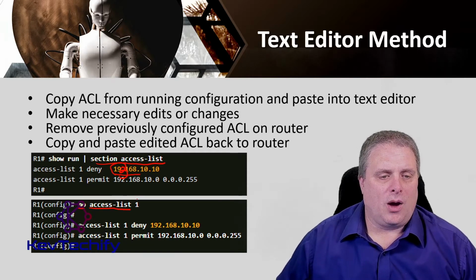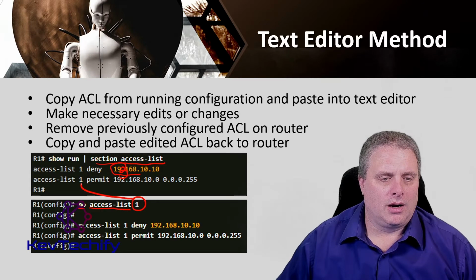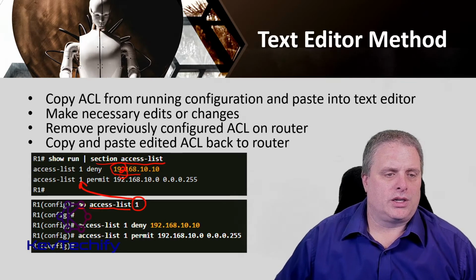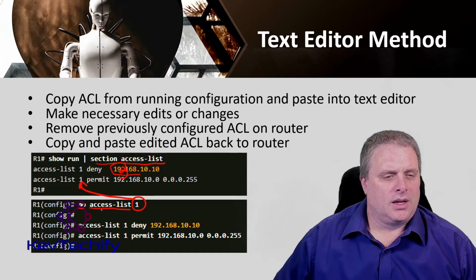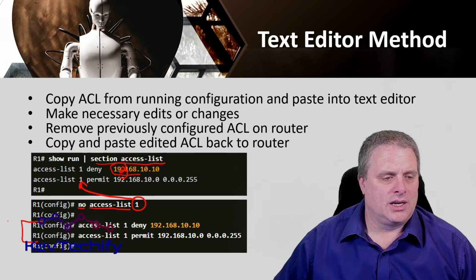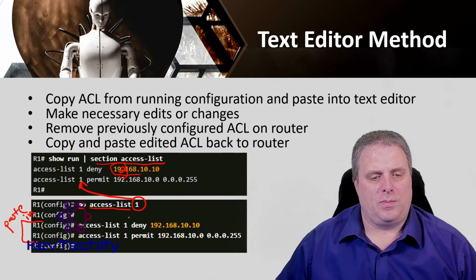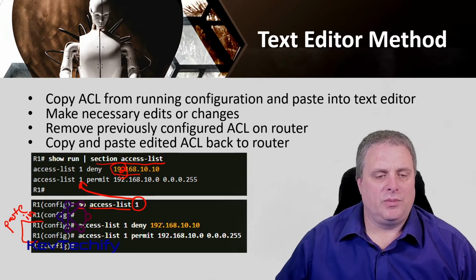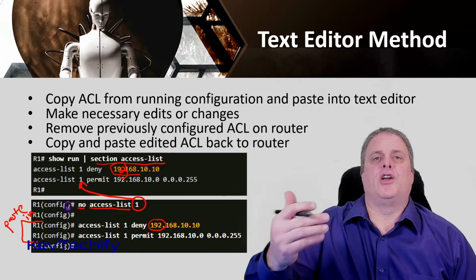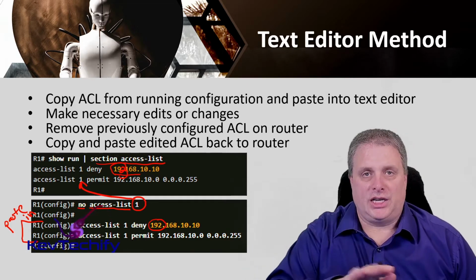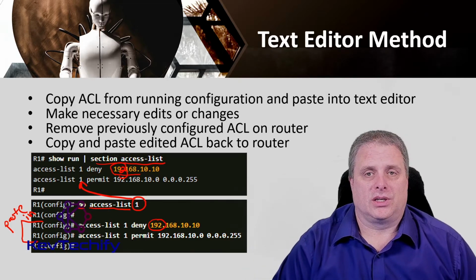We can get that number right here when we did our show run statement, and then we paste it in. We pasted those two lines in, and notice we made our corrections. We made that correction right here. And now we have our new modified, changed correctly access control list.